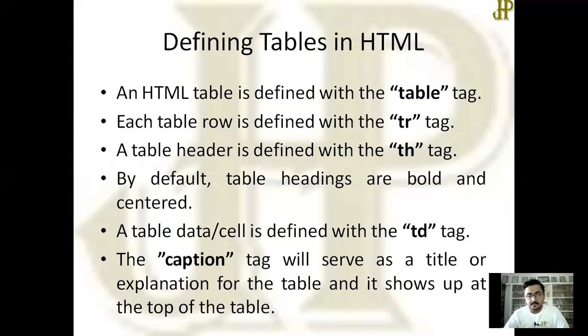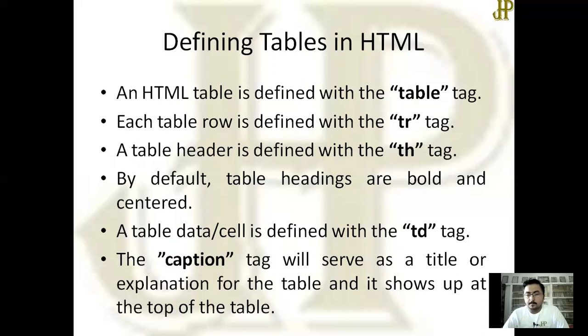First one is the table tag, second one is the TR tag, which represents table row, and TD, which represents table data. With the help of these three tags, you can create a simple table. Other than this, you require the TH tag for the heading, for the column name, and sometimes you need a caption.